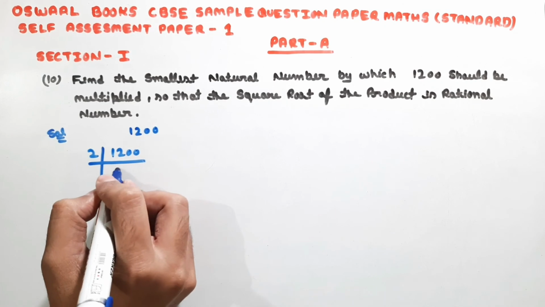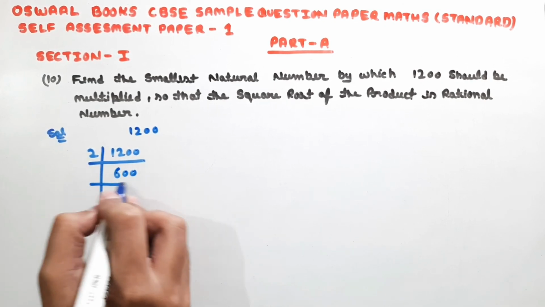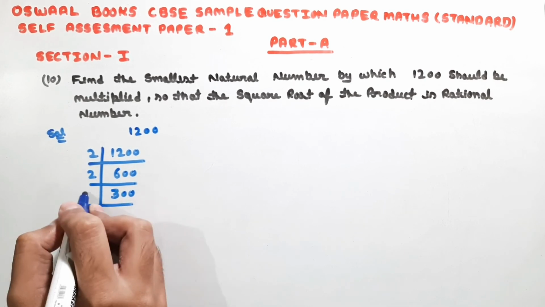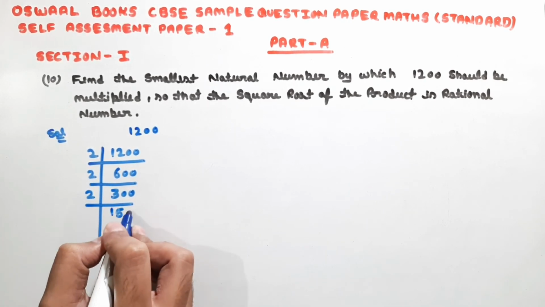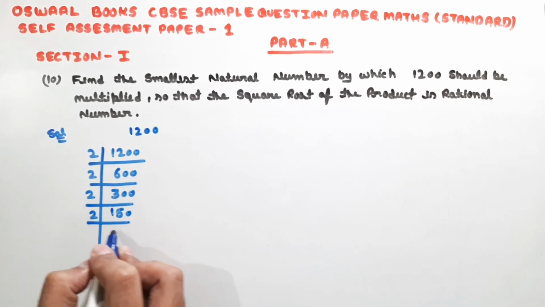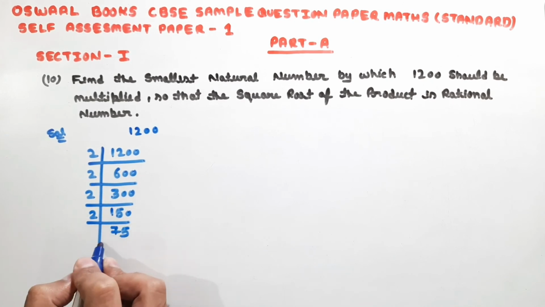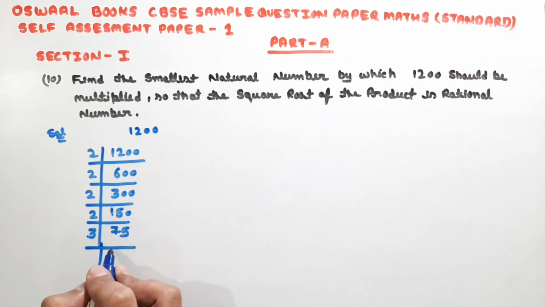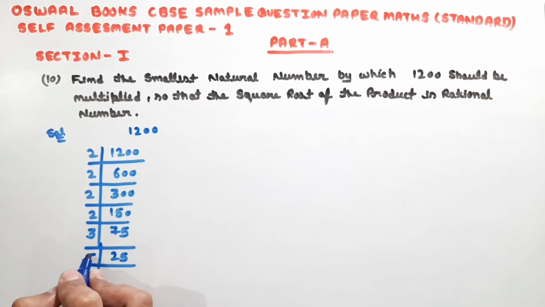2, this will be 600, again by 2, 300, 2, 150, again by 2, 75, again by 3, that is 25, 5 and 5.